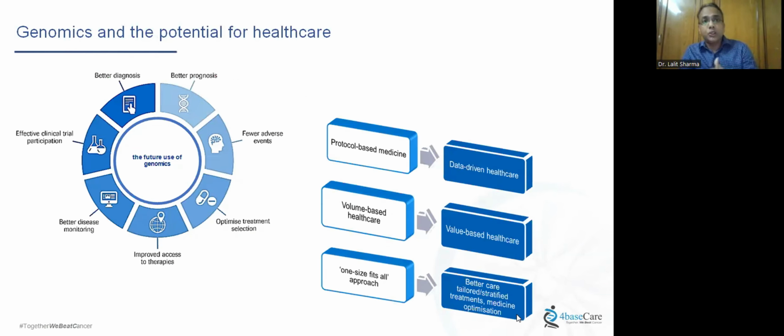So, how does genomics help us in improving outcomes in the oncological scenario? The first and foremost thing this science helps us with is the implementation of personalization of therapy to its core.